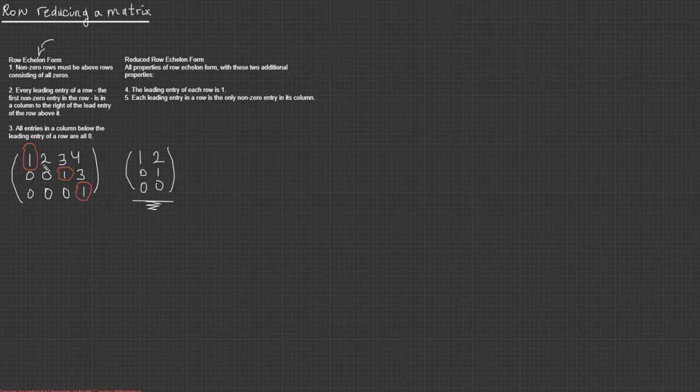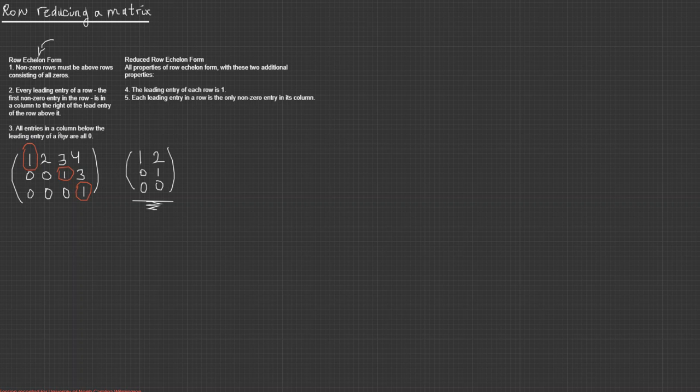As we can see, looking at this second row, for example, this leading entry is in a column to the right of the leading entry in the row above it. And similarly in this last row, we can see that this leading entry of 1 is to the right of the leading entry above that. So that's what property 2 means. As we go down the rows, we want our leading entries to be to the right of each other.